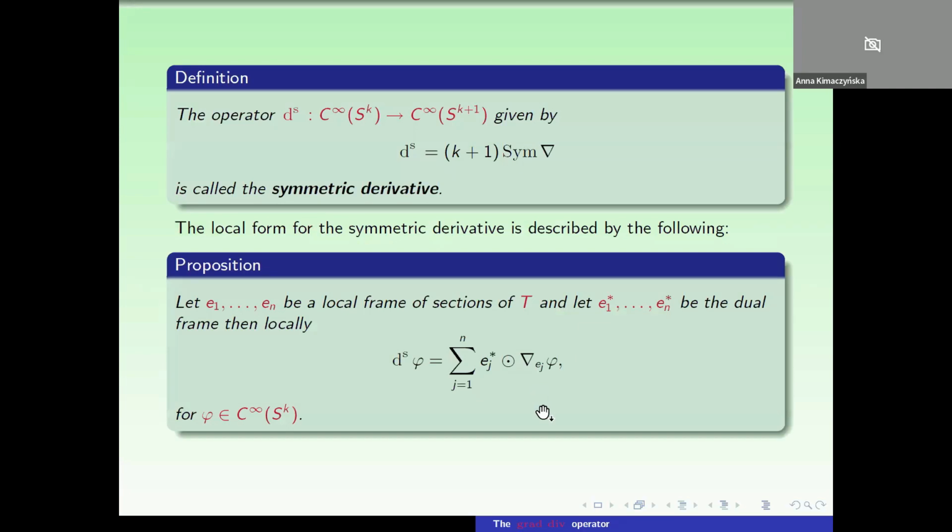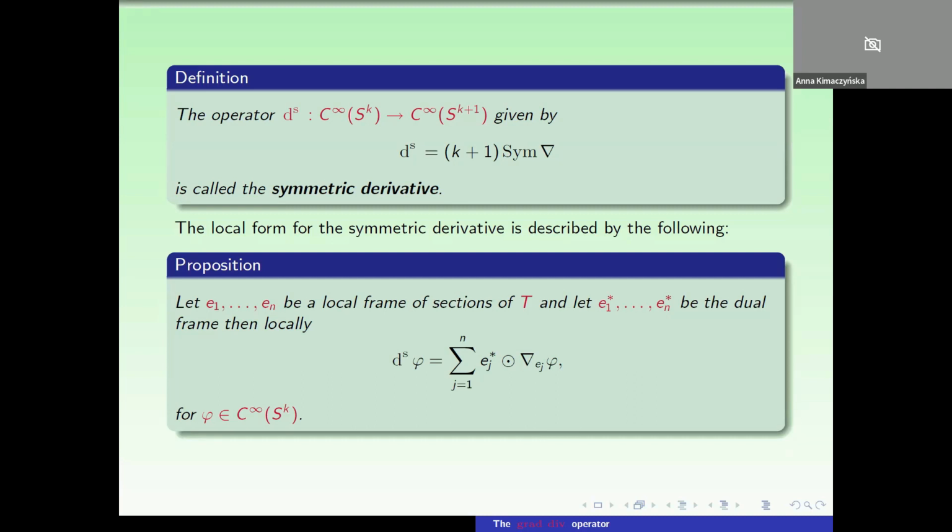Now define the symmetric derivative operator. This operator is from C infinity of S^k to C infinity of S^(k+1), and it is given by ds equals k plus 1 times symmetrization of nabla.